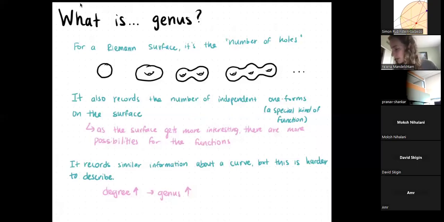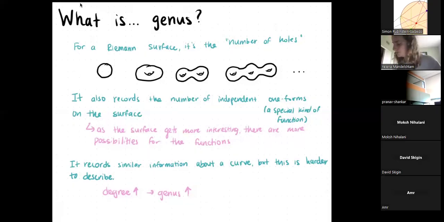A very important thing is that it also records the number of independent one forms, which are a special kind of function on your space, on your surface. I won't be explaining what these are, but if you feel inclined, you can read up on this later. It deals with homology and cohomology.